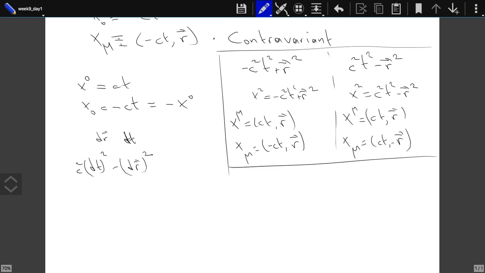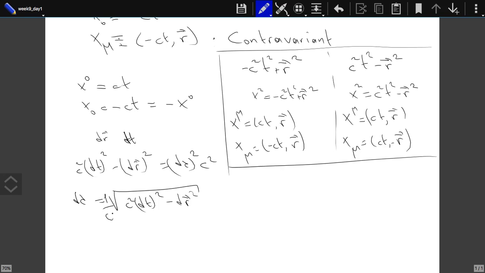Let us call this d tau squared. Or d tau is equal to the square root of c squared dt squared minus dr squared, which we can also write, let me put a c squared over here in the definition, as 1 over c.